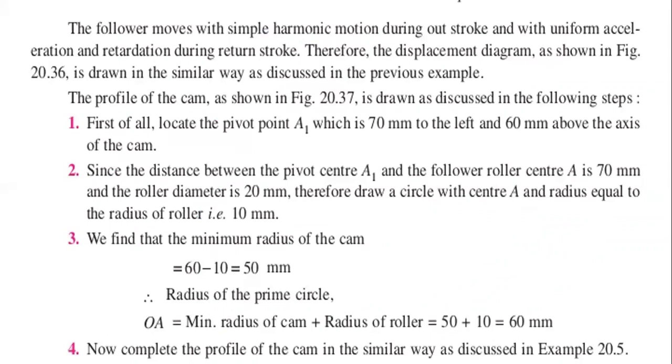Since the distance between the pivot center A1 and the center A is 70 mm and the roller diameter is 20 mm, draw a circle with center A and radius equal to the radius of the roller, that is 10 mm.